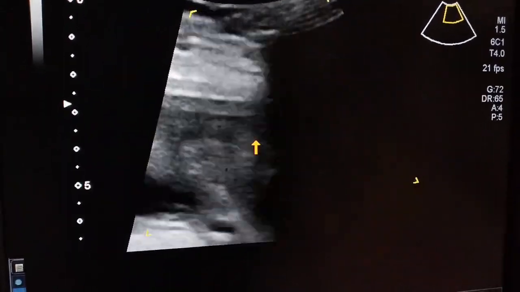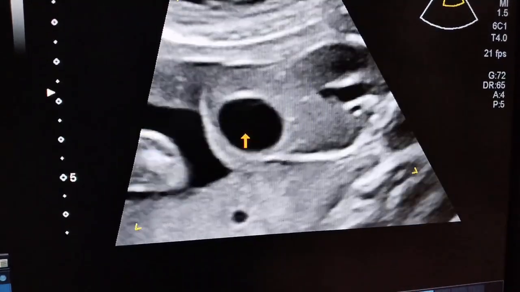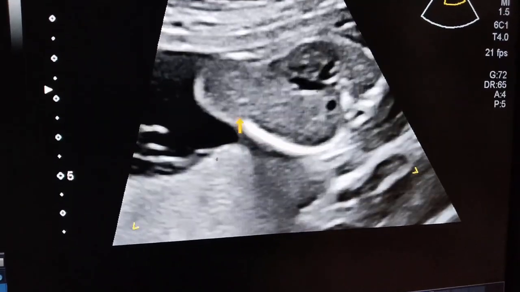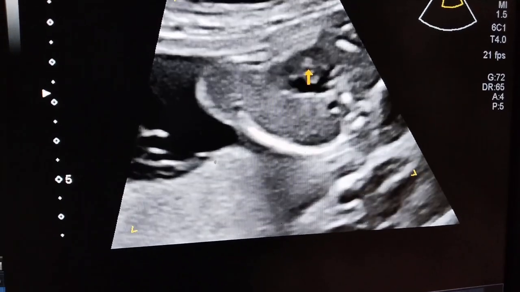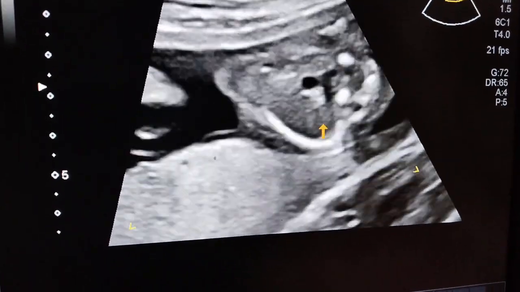Here we can appreciate the fetus is breech. Here we can appreciate this is the fetal heart, and this is the herniated liver.